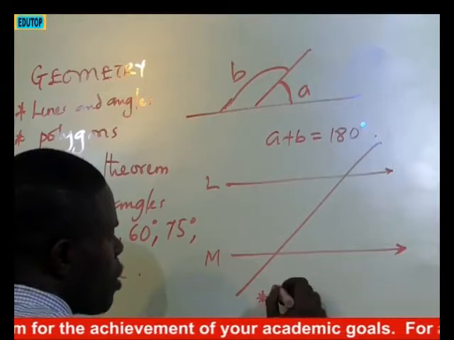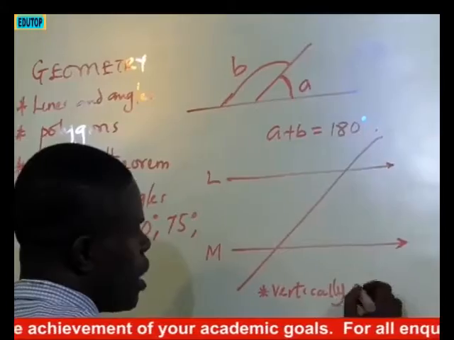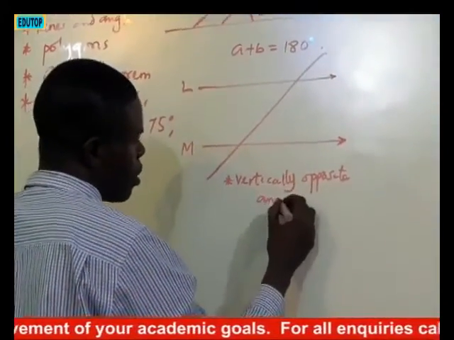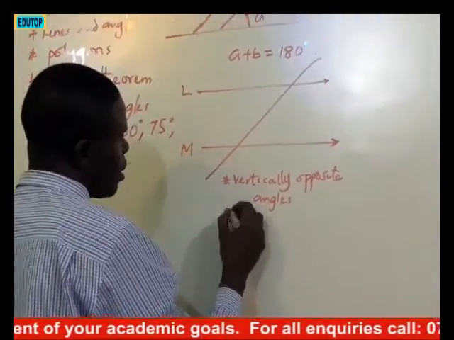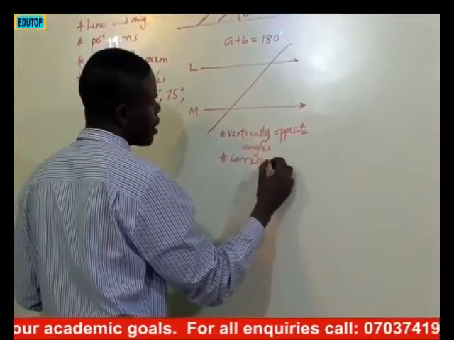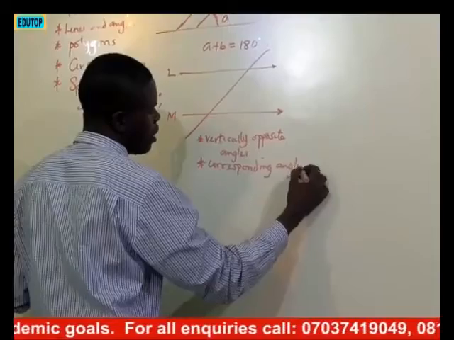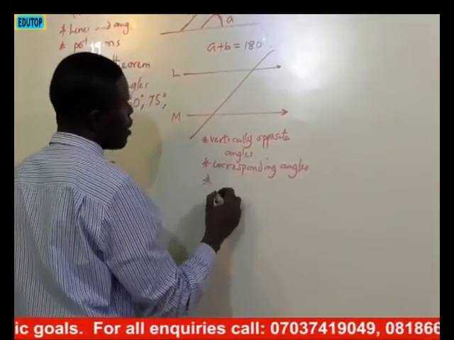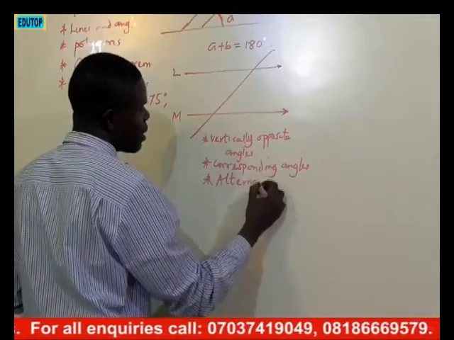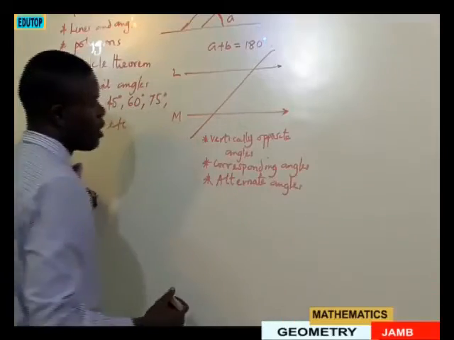We call one vertically opposite angles. That one is very important. Also, corresponding angles. Then the last one here is alternate angles. How do you recognize all this?